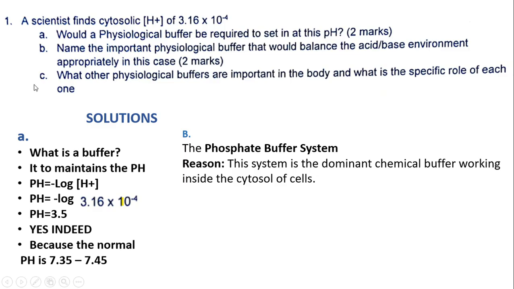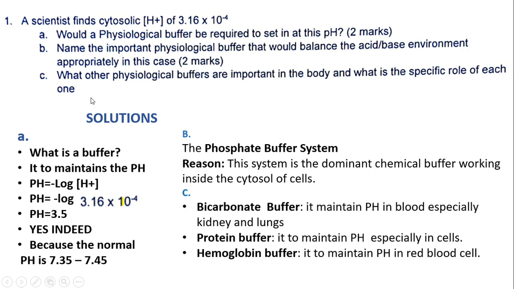Now part C, let's explain other buffers which we just need to know. What other physiological buffers are important in the body, and what is the specific role of each one? The first one is the bicarbonate buffer. Bicarbonate maintains the pH in the blood, especially through the kidney and lungs.